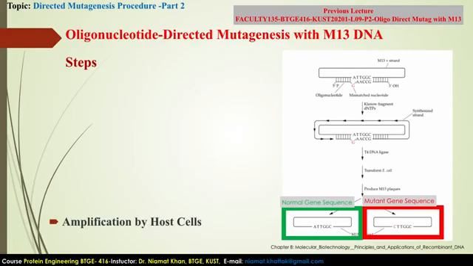Now in the host we have two types of cloning vector. One can amplify and express the normal version of the gene of interest, while the other has the desired mutation. So we have each one with 50% chance.